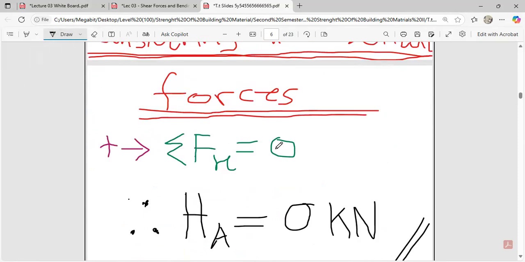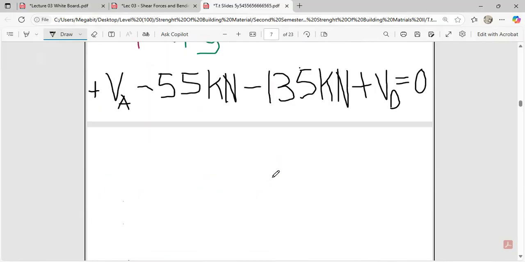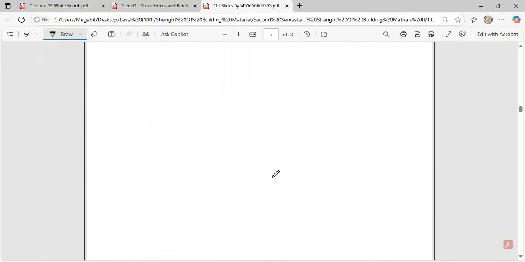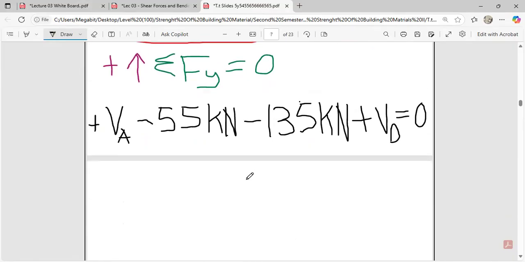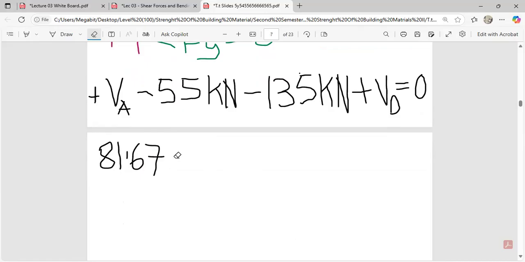We had 81.67 kilonewton. Let's quickly put that down: 81.67.